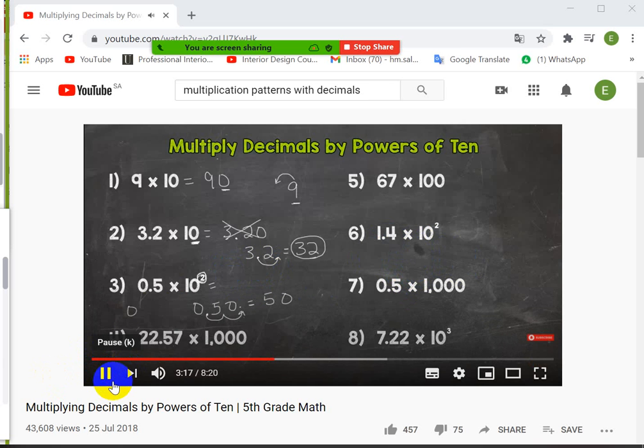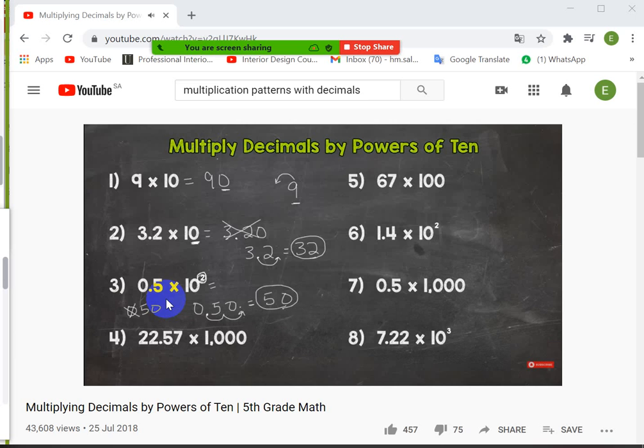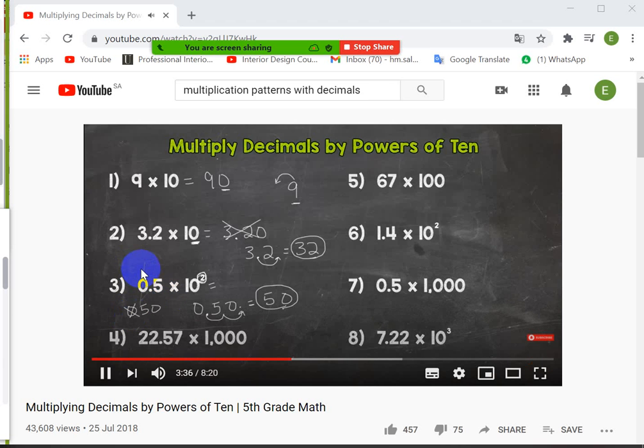You may be thinking, well, you have a 0, 5, 0. Well, this 0 in front of the 50 doesn't mean anything. So our product is 50. Now, you might be thinking to yourself, well, you move the decimal twice to the right. Well, can I move it twice to the left?